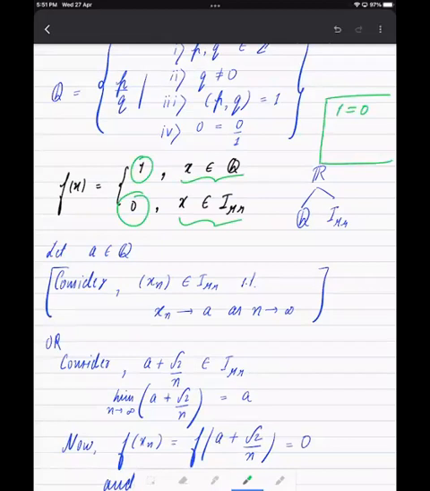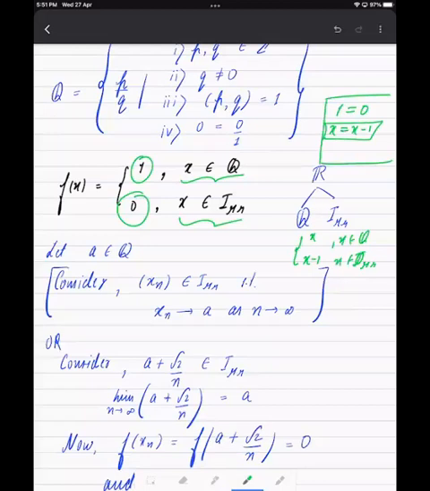So if the function would have been something like x when x belongs to rational and x minus 1 when x belongs to irrational, then x equals x minus 1. Is that true for any x? No. Again, not continuous.